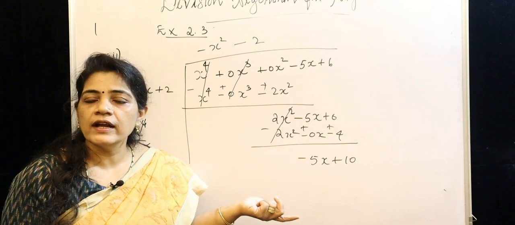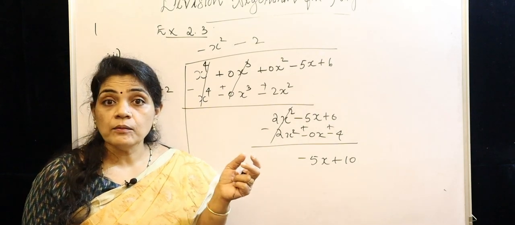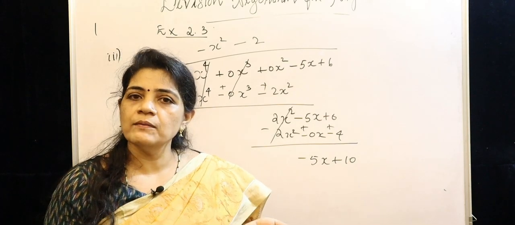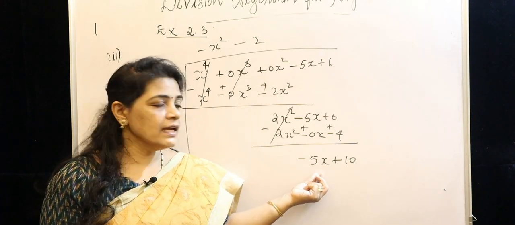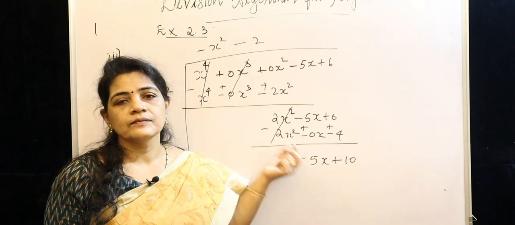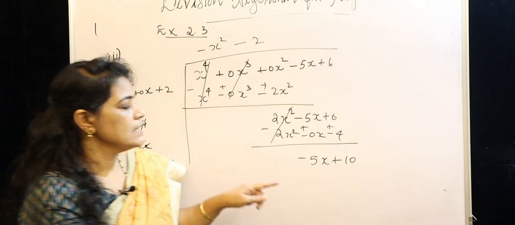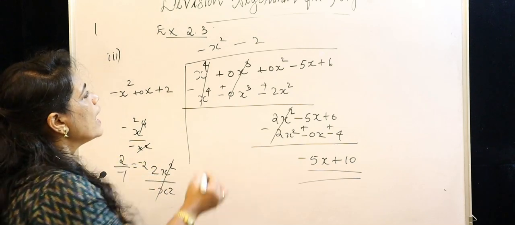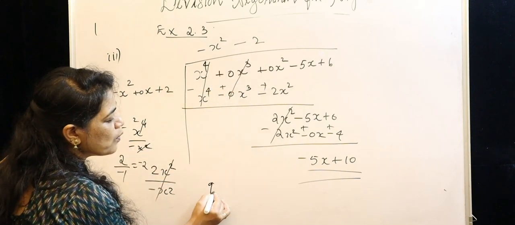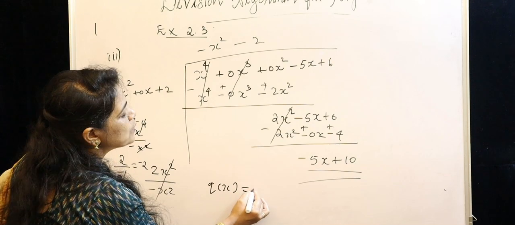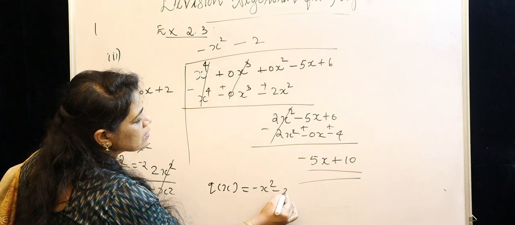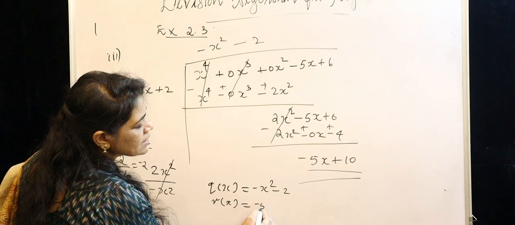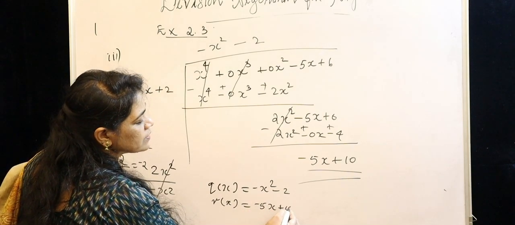That means we can't divide further. That is very important. The remainder polynomial can be 0, or the degree is less than the g of x. That means this is the r of x, remainder polynomial, and this is the q of x. So q of x is equal to minus x square minus 2, and r of x is equal to minus 5x plus 10.